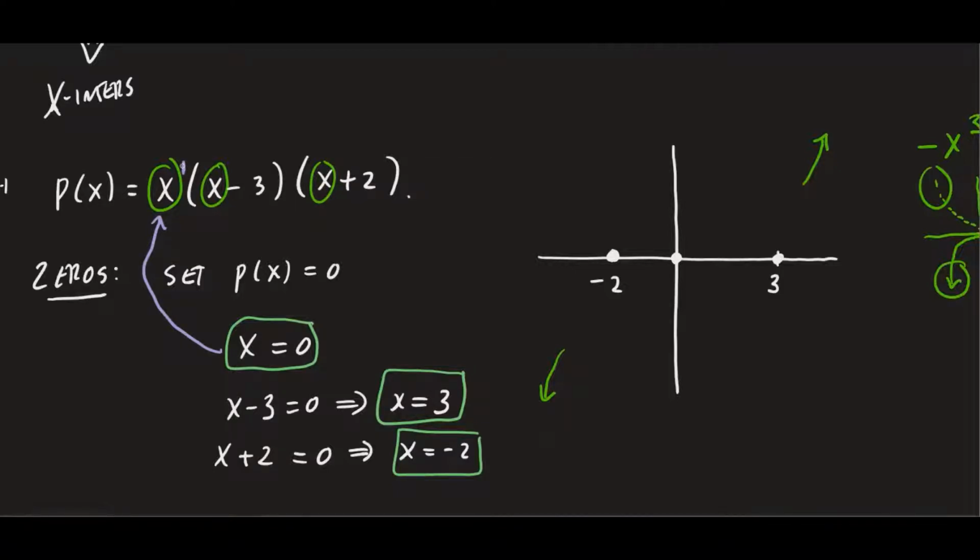So that means when you go through that 0, you're going to make a straight line. You don't need to do any curve or anything weird. Now the second one, x equals 3, came from this factor, which also has a power of 1. So again, create another line. So you're going to go through that 0 by making a line. And x equals negative 2 came from this one, which will also be degree 1. So you're just going to go through them.